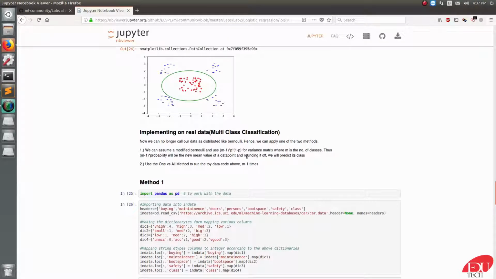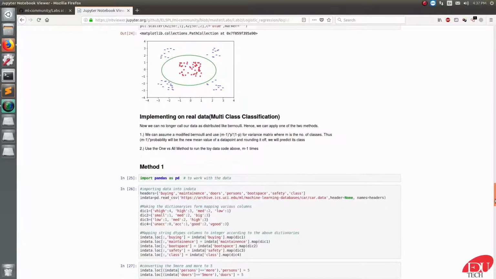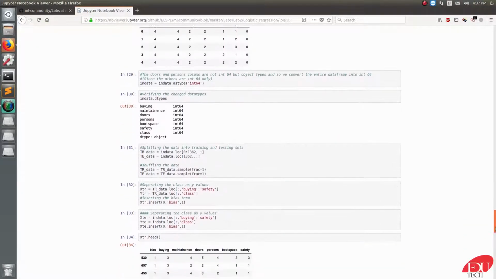One is modifying our MLE, that's the maximum likelihood estimation method, for multi-class classification. The second one is the one versus all method, where we take one class to be 1 and all others to be 0, and we repeat that as many times as the number of classes. So that's method 1 here.